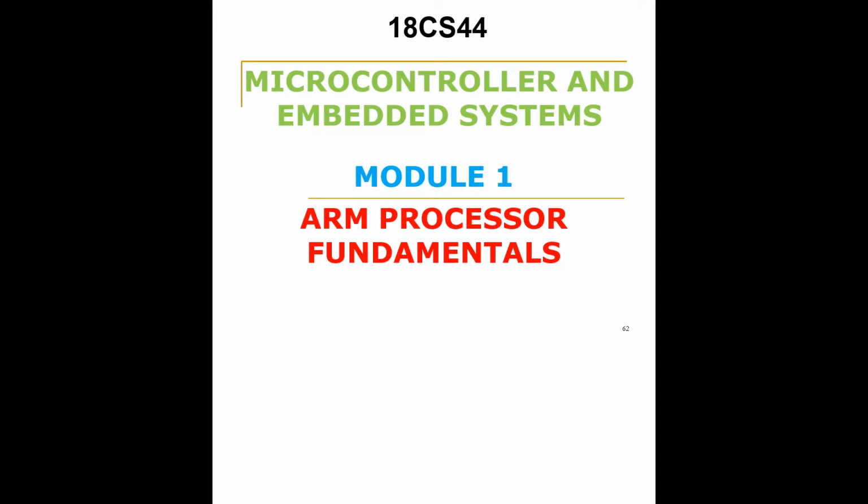And we'll also look into the core extensions that form the ARM processor core. That is, how the core of the processor has been extended in order to accommodate multiple functionalities. The core extensions are used to speed up and organize the main memory as well as to extend the instruction set.